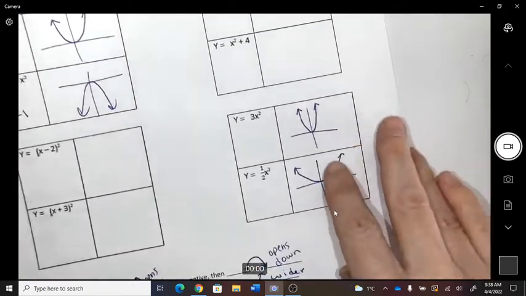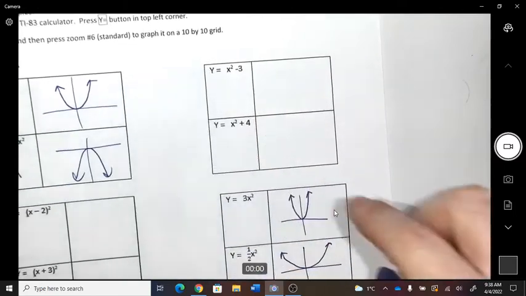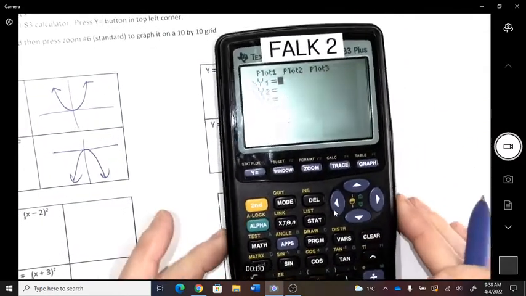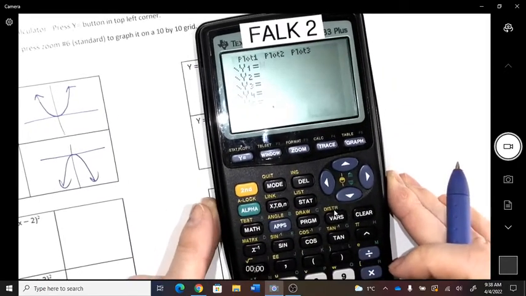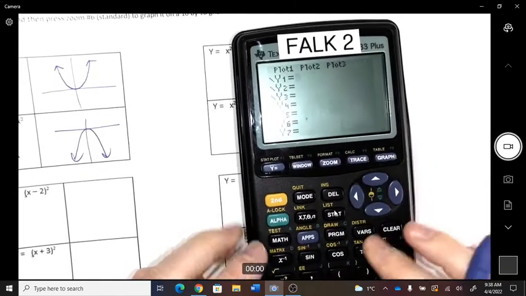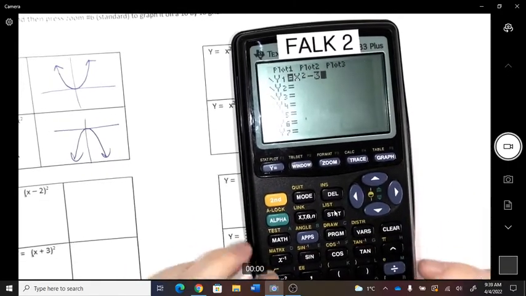Okay, let's go to this box. So y equals, I'm going to clear. Okay, we have x squared minus 3.